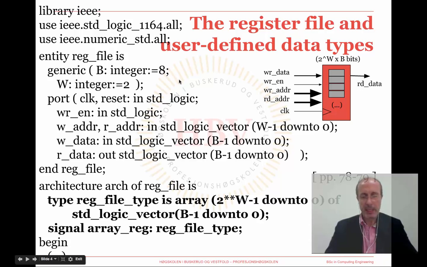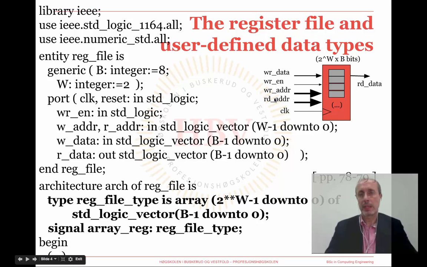As indicated here, we need 2 address buses, one to identify in which register we want to write, and that is the write address bus, and the other one to identify which register we want to read, that is to say, to transport to the read data output port.